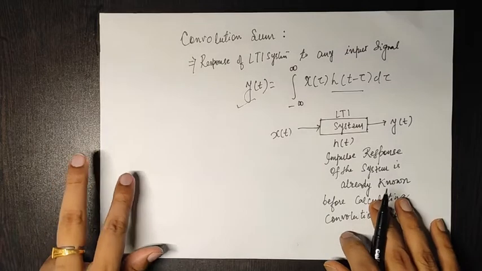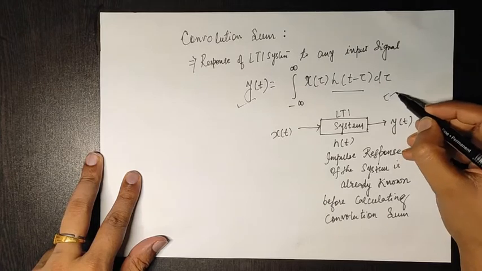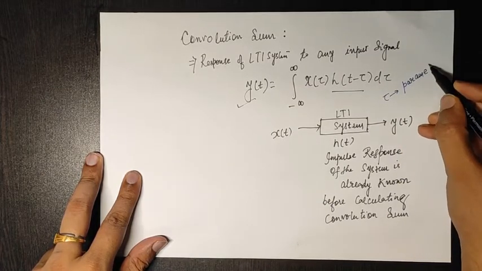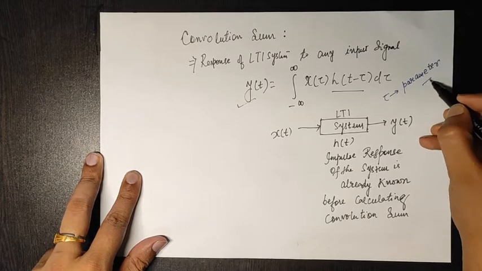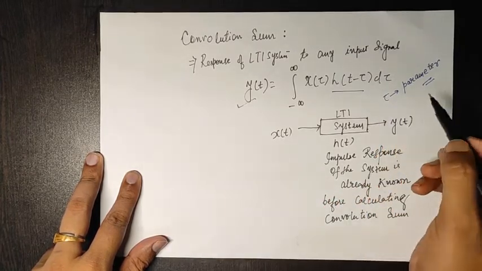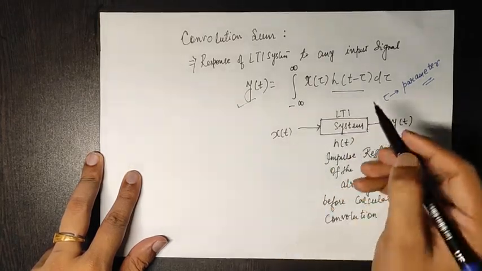So what's actually happening here is that, let's say tau is some parameter that we have already discussed earlier. Now tau is being integrated from minus infinity to infinity. Now what's happening here?